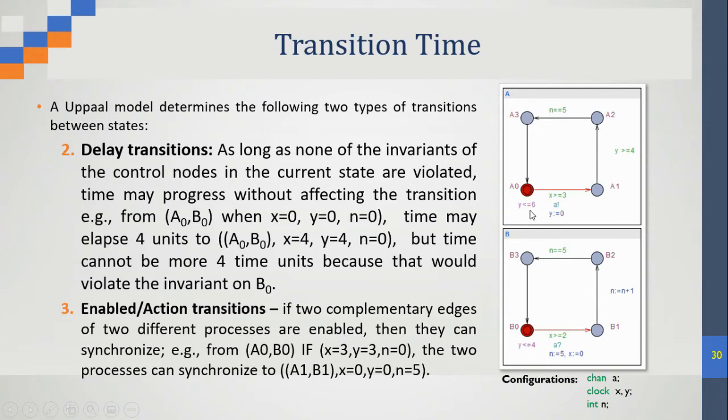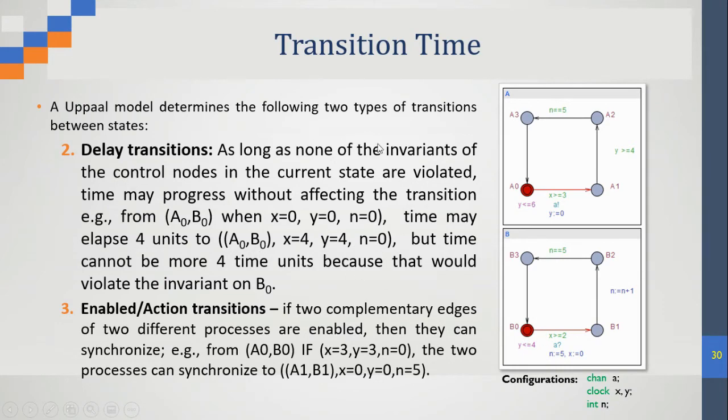If we take the 6, that means we violate the rule of the second location. Here we have three variables x, y, n. So in the next location, x and y should change to 4, 4, not to 6, 6. If we had only this timed automata, maybe the time would change to 6, but here the time will change to 4, taking the smallest one.